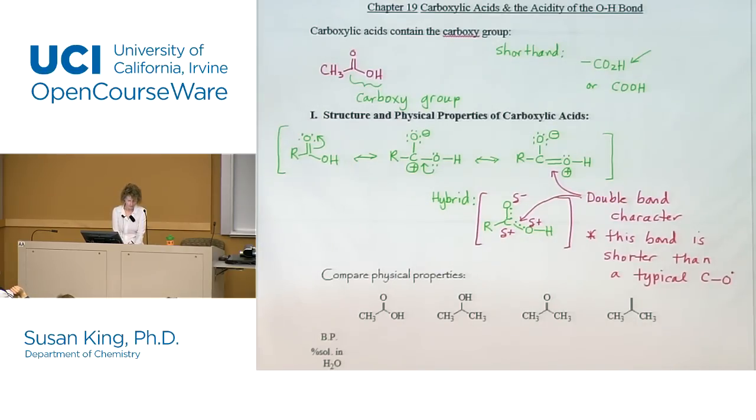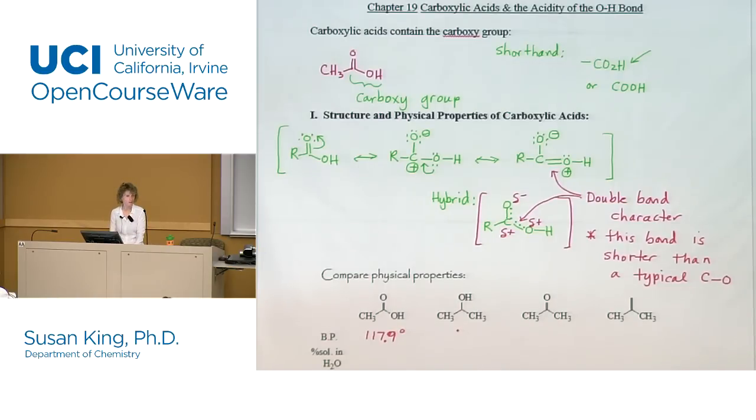And then if we look at physical properties, we'll compare a carboxylic acid with an alcohol, with a ketone, and with an alkene, just to see what we have here. Boiling point of the carboxylic acid is going to be the highest. 117.9.